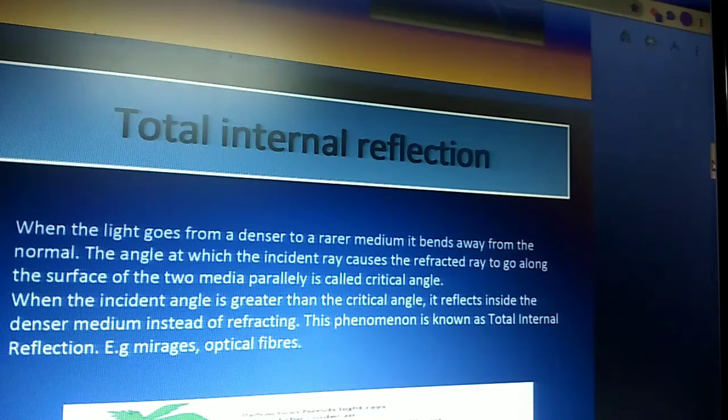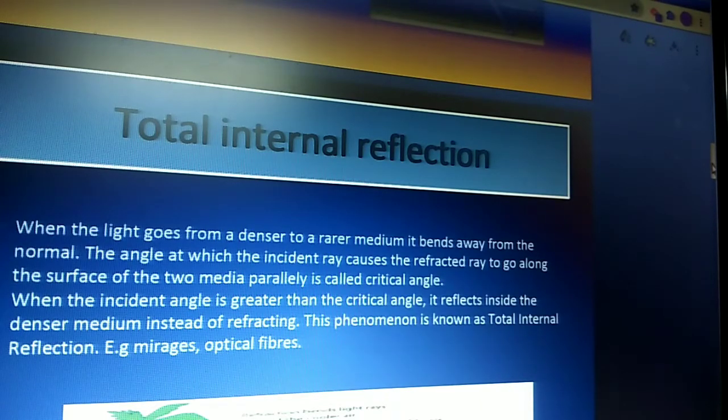The angle of incidence at which the refracted ray goes along the interface, that is, it coincides with the interface or is parallel to the two media, is called the critical angle. When the angle of incidence becomes more than the critical angle, the ray reflects back inside the denser medium instead of refracting.